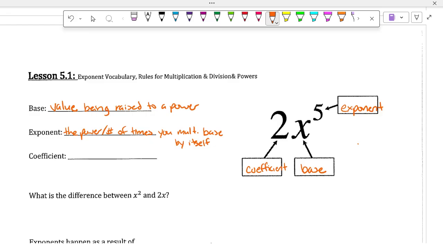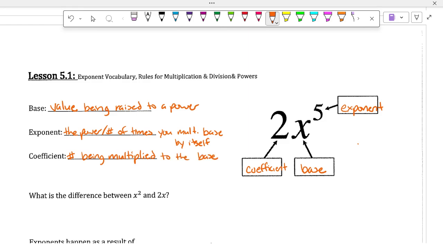So for example, if you did 2 squared, you do 2 times 2. 2 cubed, 2 times 2 times 2. And the coefficient is the number. It's always going to be a number being multiplied to the base.